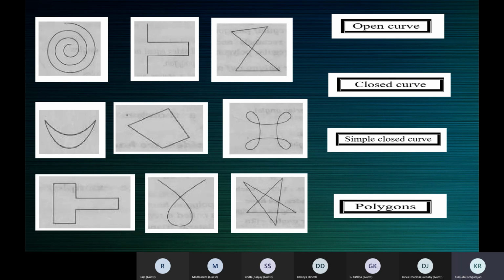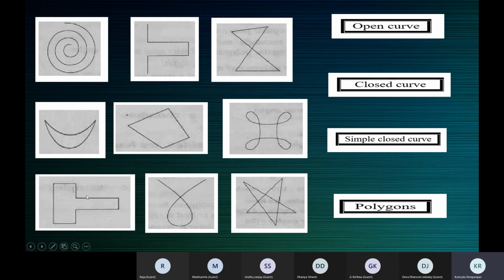But it is not a simple closed curve because you can see that at these 4 points, the figure goes over itself. See here, at these 4 points, it crosses over itself. So it is a closed curve, but not a simple closed curve.